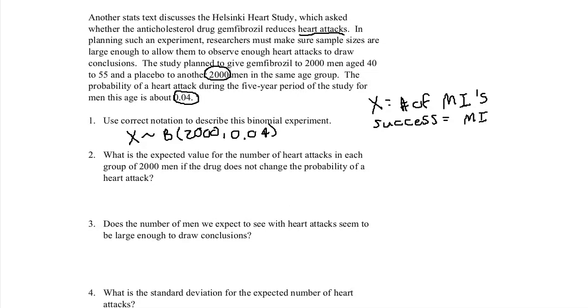What is the expected value for the number of heart attacks in each group of 2,000 men if the drug doesn't do anything? It doesn't change the probability of a heart attack. Well, in this case, the expected number of heart attacks, mu, is going to be the number of men times the probability each one of those fellas has a heart attack. So we have 80 heart attacks expected in each group.